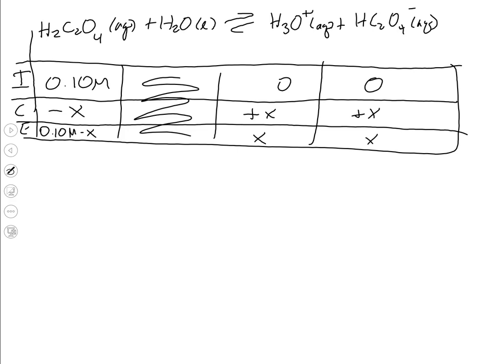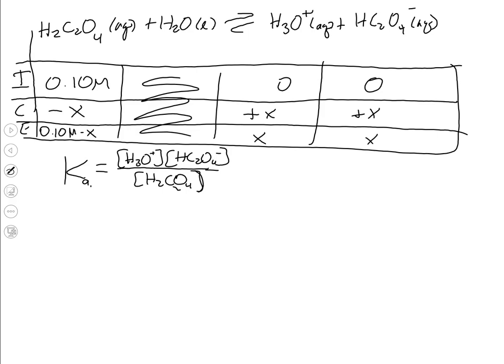Next, we write our equilibrium expression. The equilibrium expression is the concentration of the products over the concentration of the reactants. So my products are hydronium and hydrogen oxalate, and on the bottom, my reactant is the oxalic acid, H2C2O4. This is my first ionization, so this is going to be Ka1.